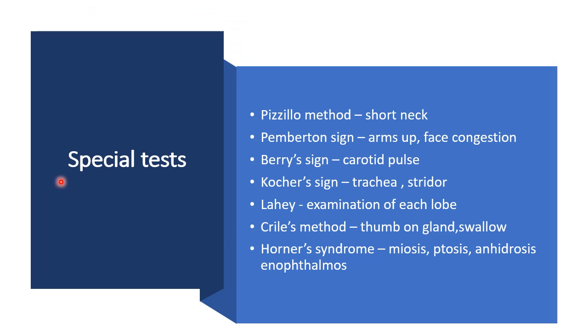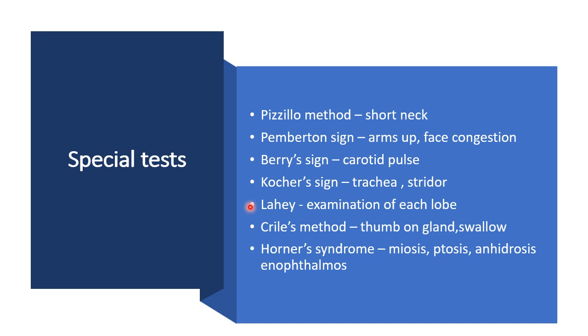Next, we come to the special tests for thyroid lumps or goiter, which include Pizzillo's method for short necks, Pemberton sign, where you raise up the arm and the face gets congested. Berry sign is the involvement of the carotid pulse. Kocher sign, involvement or pressure on the trachea leading to stridor.